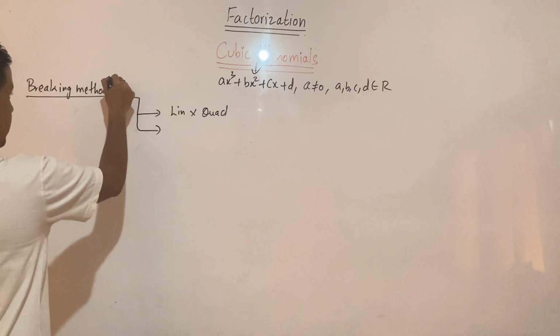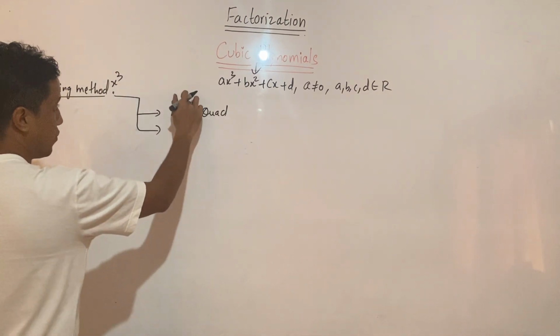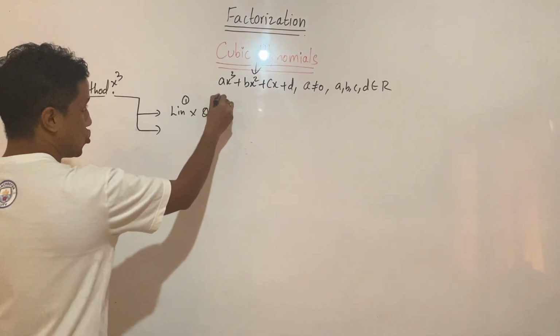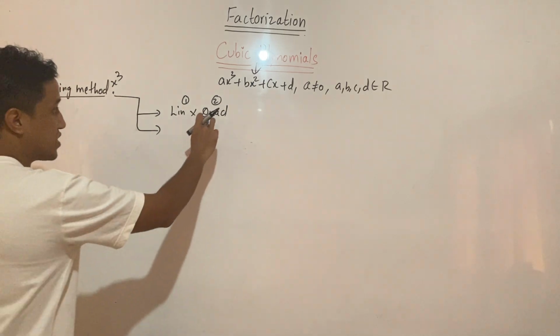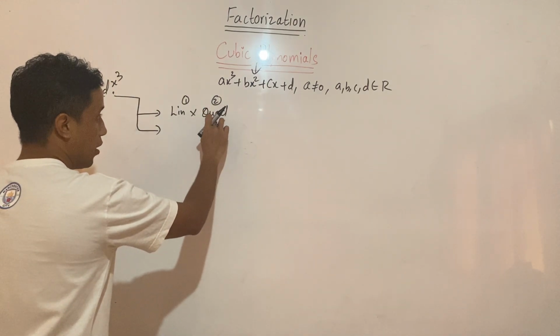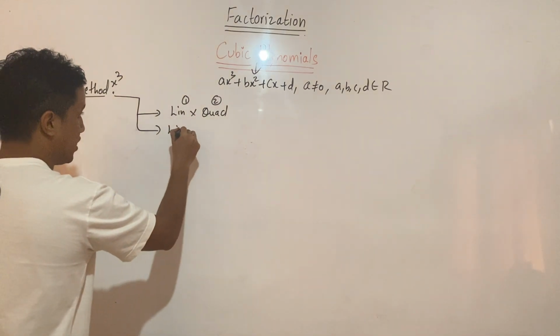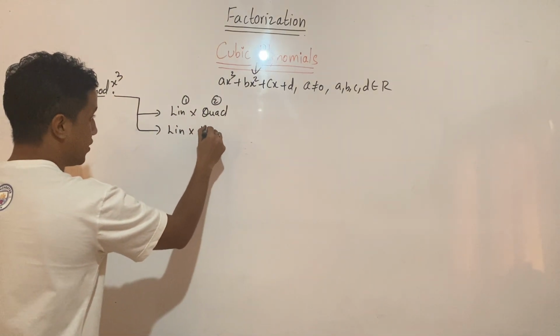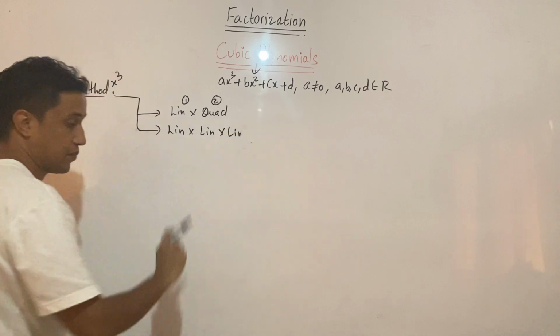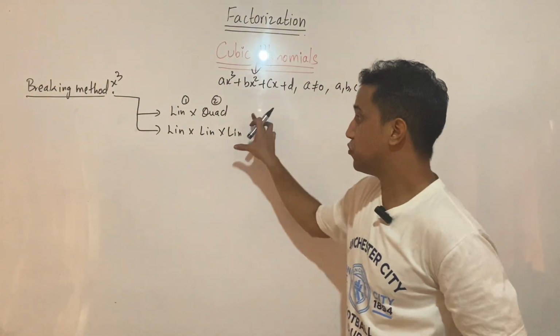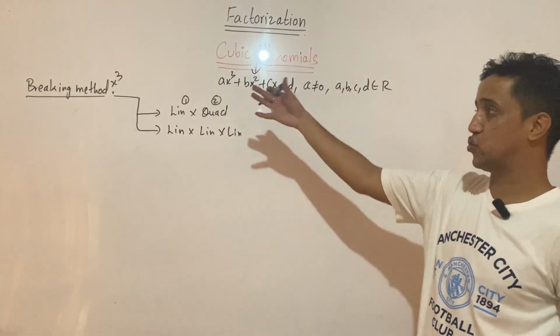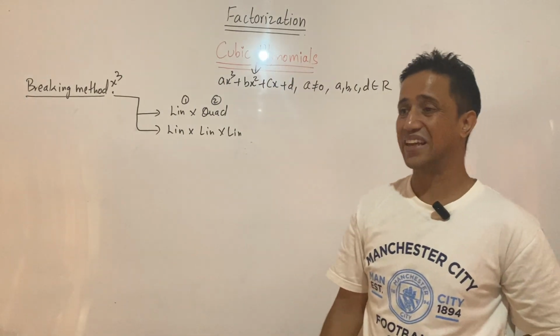Why? Because here the degree is 3, which splits into degree 1 and degree 2. The quadratic can be further broken into linear and linear. So I can say linear, linear and linear. If you know this, then it's easy to understand this breaking method.